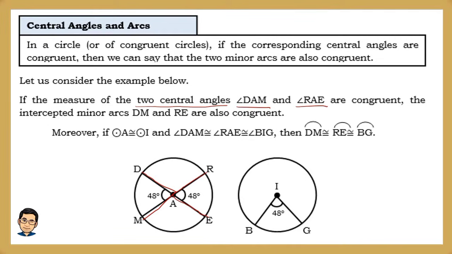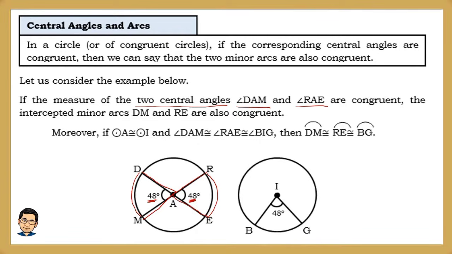So, bakit sila naging congruent? It's because yung dalawang central angle parehong 48 degrees. Kung ano ang sukat ng central angle, yun din na magiging sukat ng intercepted arc.